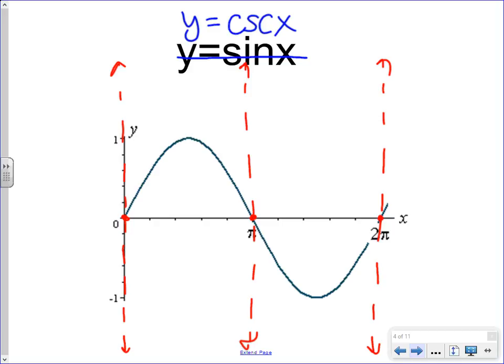And we'll just get in the habit: these are things you're going to have to label on your graph. So our parent function has vertical asymptotes at x equals 0, x equals pi, and x equals 2 pi.